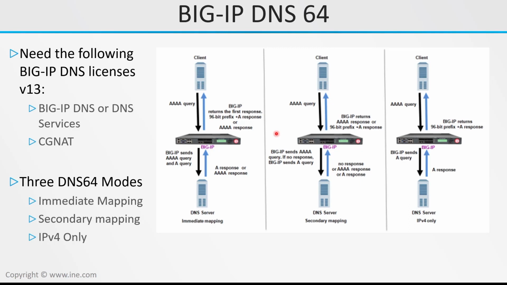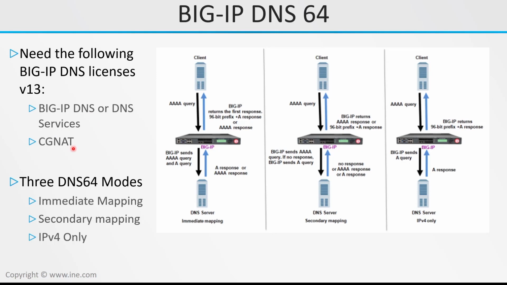Let's say they have IPv4 and IPv6 in their environment. This is a nice way to ease the transition if you're not all at IPv6 internally. All of these examples are for the response from the client to the DNS server, and then the F5 sends it back. So no BIND is being used or DNS Express in this instance. We'll need to have the BIG-IP DNS license and the CGNAT, carrier grade NAT, to support BIG-IP DNS64.